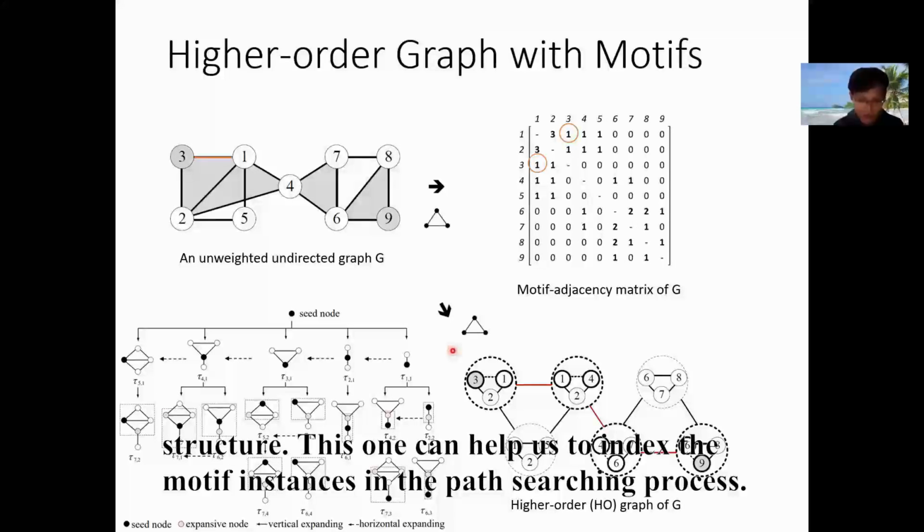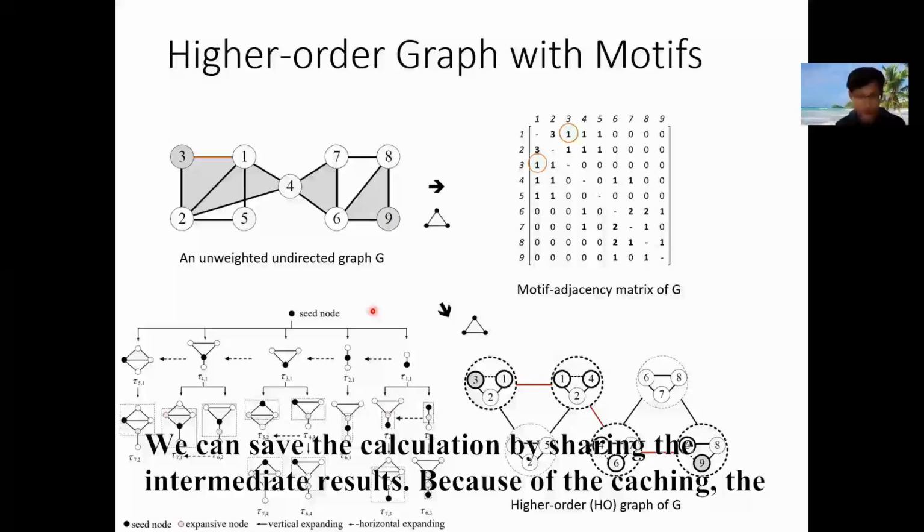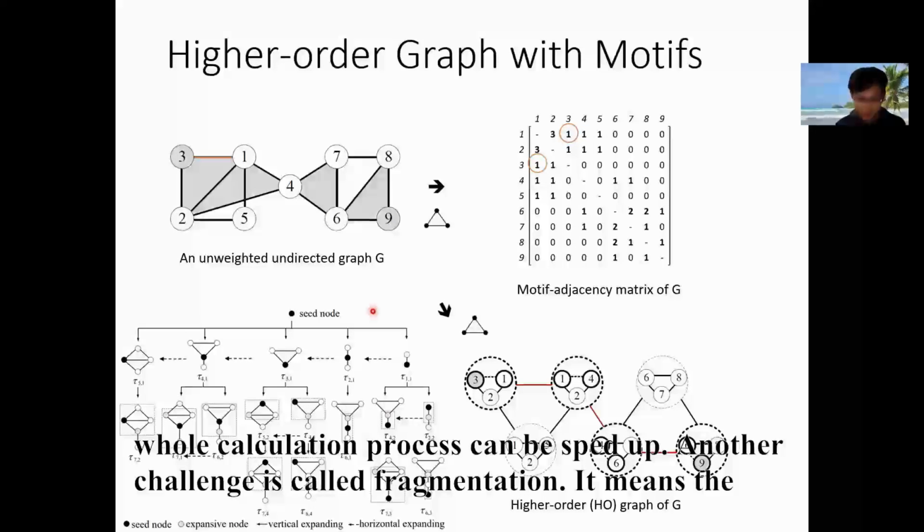This one can help us index the motif instances in the motif-path searching process. We can reuse the calculation by sharing the intermediate results. And because of such caching, the whole calculation process can be sped up.